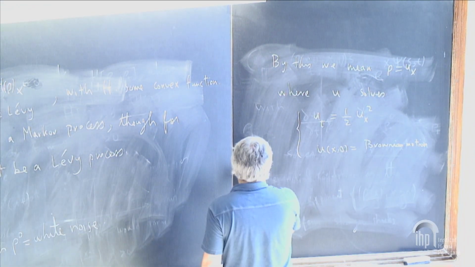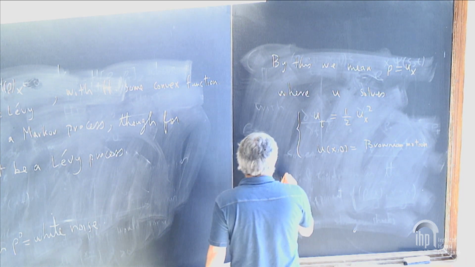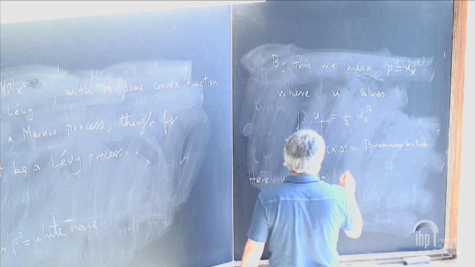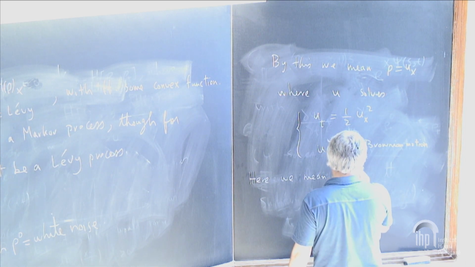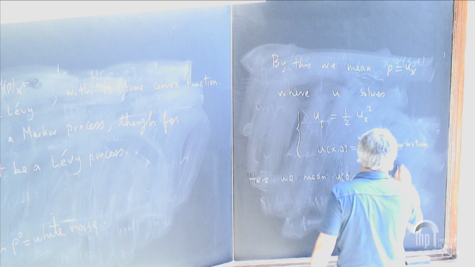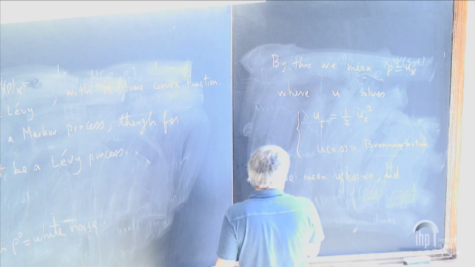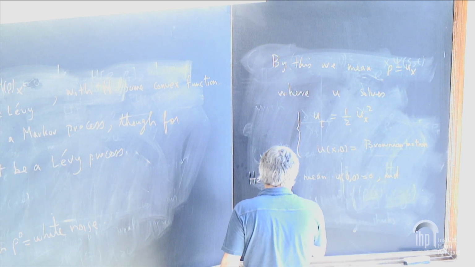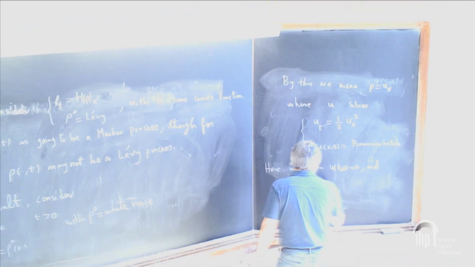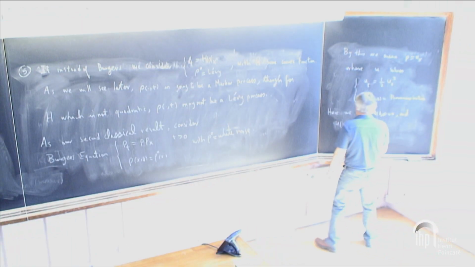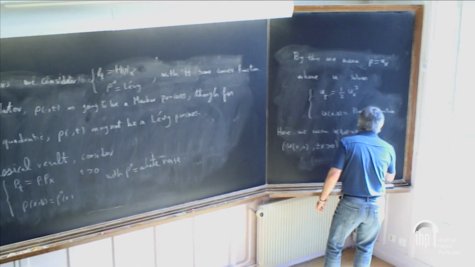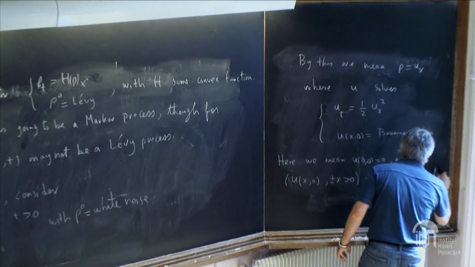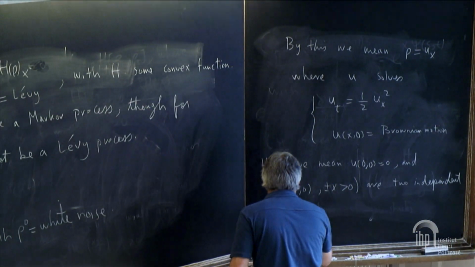So here we mean u0, 0 is 0, and ux0 for x plus minus bigger than 0 are two independent standard Brownian motions.